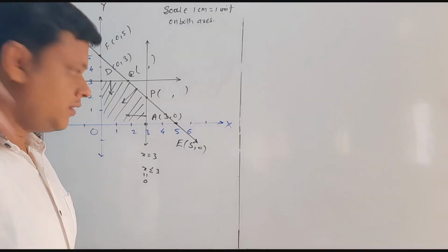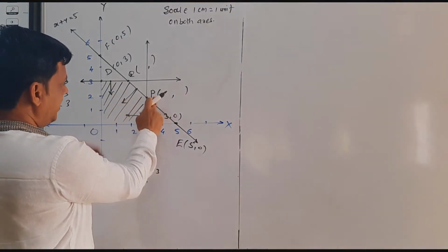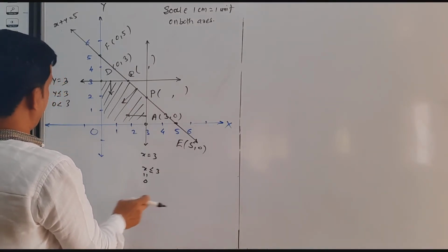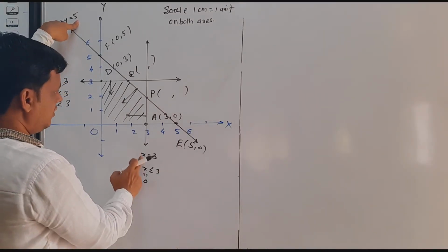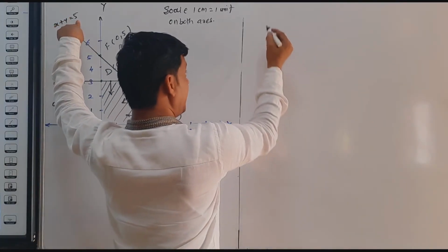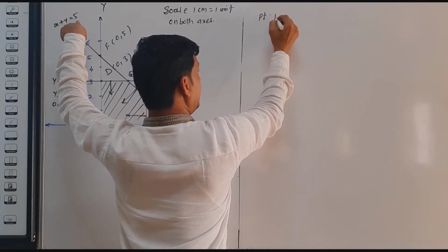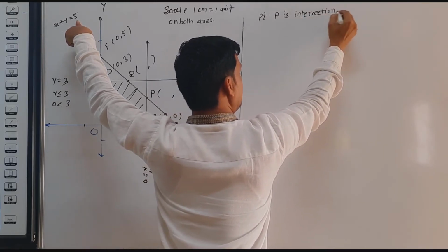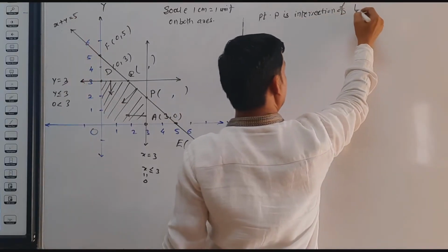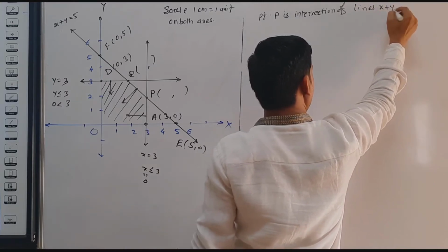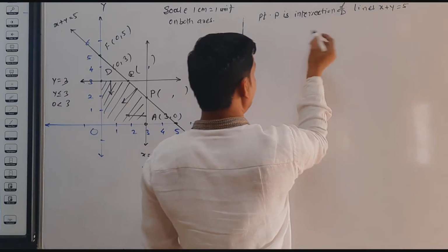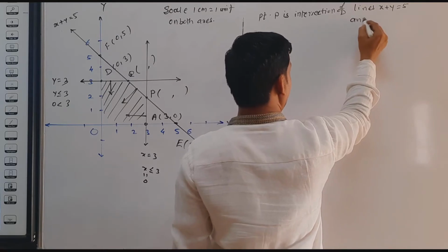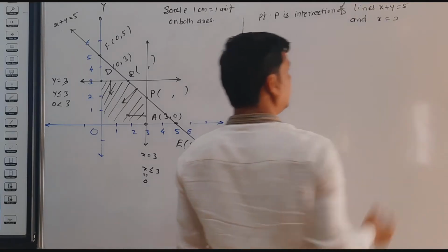Now see here, point P is the intersection of the lines x plus y equals 5 and x equals 3. So we write here, point P is the intersection of lines x plus y equals 5 and x equals 3.